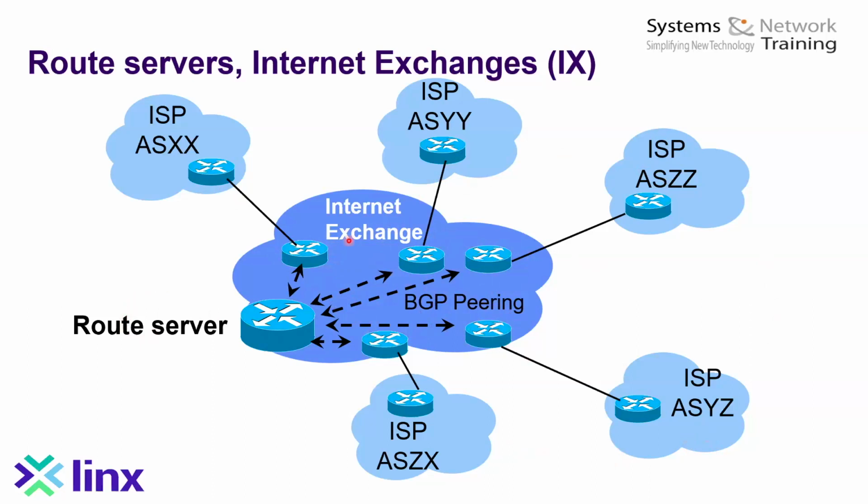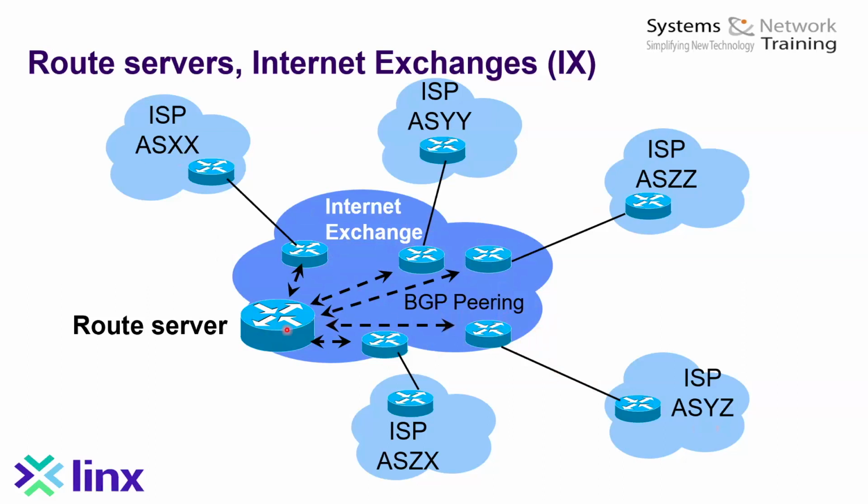So what the Internet Exchange providers have said is, we'll provide a centralized route server here. And all of these service providers have to do is peer with just this route server. So now, if you're service provider XYZ, instead of having 4 peering sessions or many more, if there are many more service providers you want to access, now you just have one.